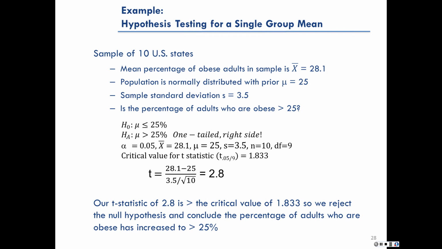And so when we plug in the sample mean of 28.1 and work it through the equation, we get a t-statistic of 2.8. And our t-statistic, 2.8, is greater than the critical value that we looked up in the table. And so that means we reject the null hypothesis, and we conclude the percentage of adults who are obese has increased to greater than 25% in the population.